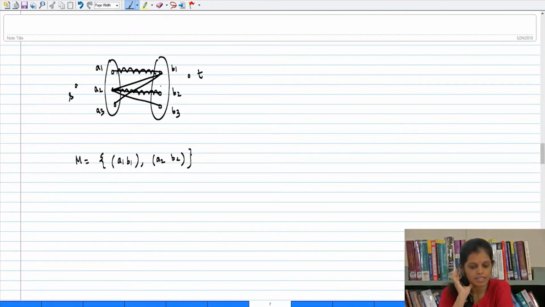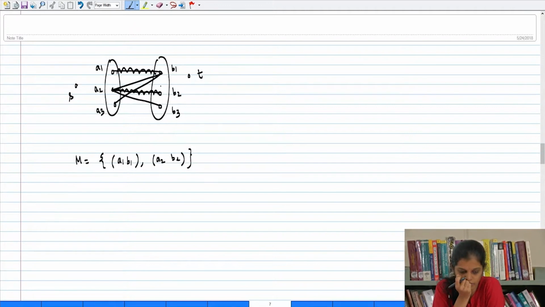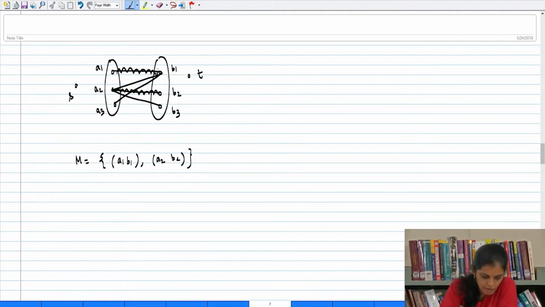Now, is this a maximum matching? If you want to show that this is not a maximum matching, you should simply give me a larger matching. That will convince me that this is not a maximum matching. And you can try to apply your augmenting path theory that you have learned to see whether there is an augmenting path.